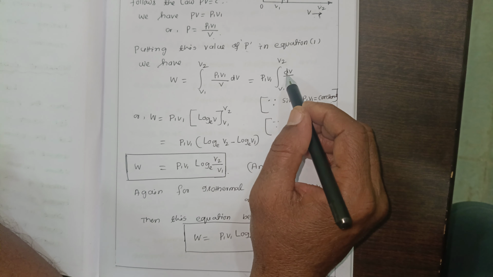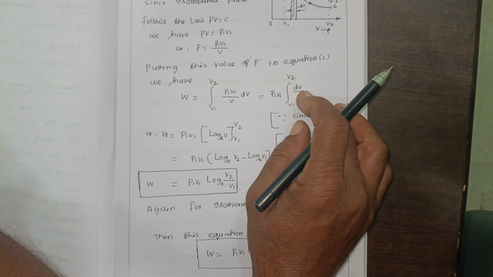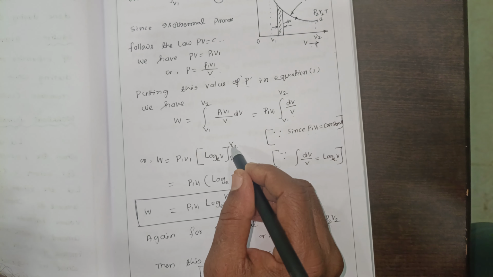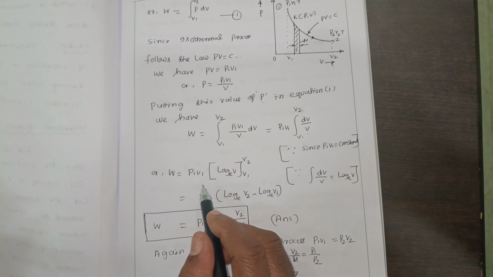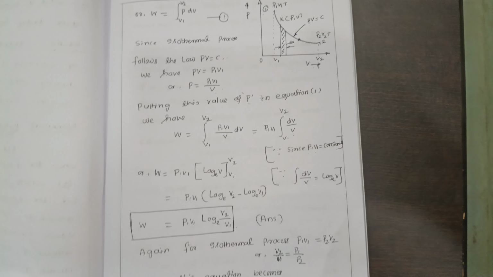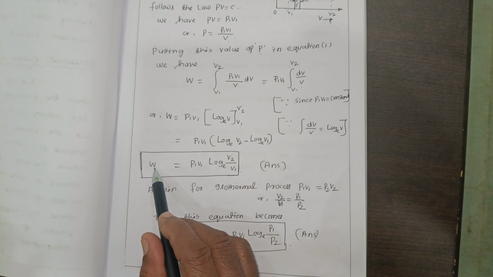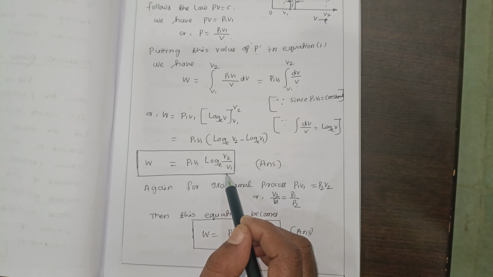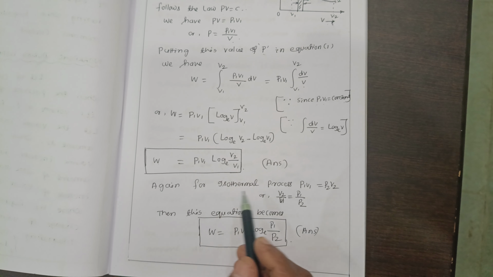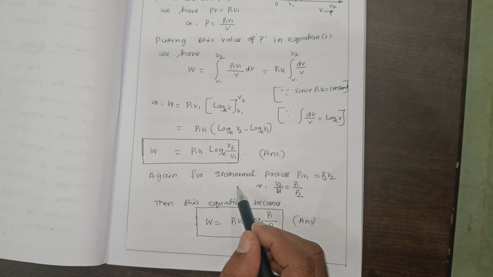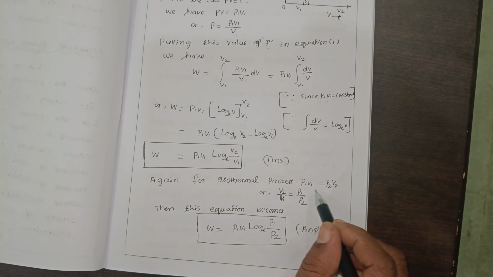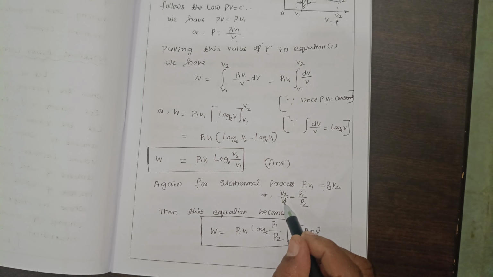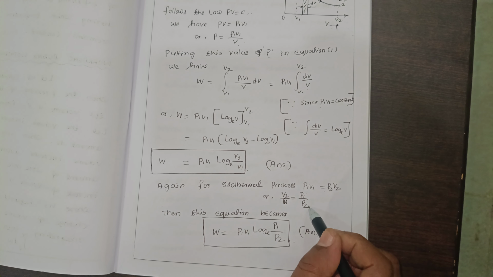You know that integration of dV by V is log e V with the limit V1 to V2, or we can write W is equal to P1V1 log e V2 by V1. Again, isothermal process follows the law P1V1 is equal to P2V2, or we can write V2 by V1 is equal to P1 by P2.